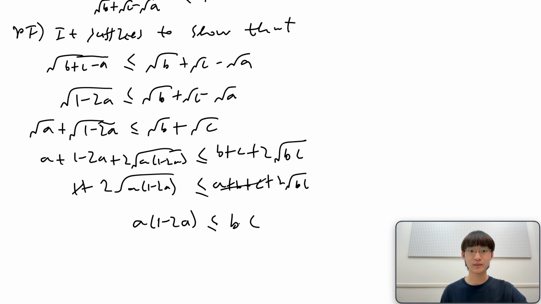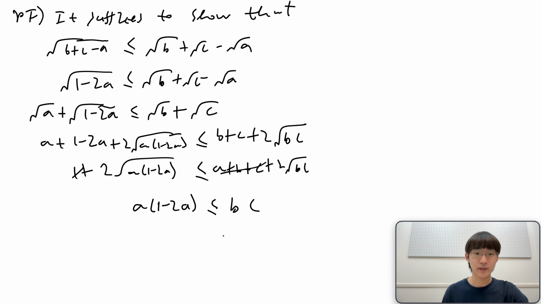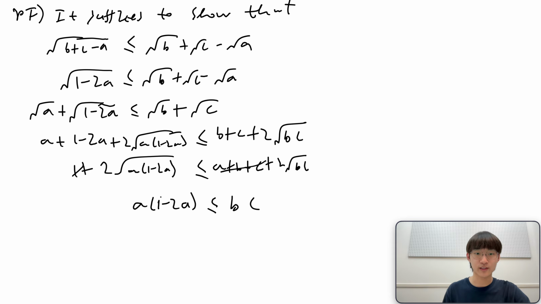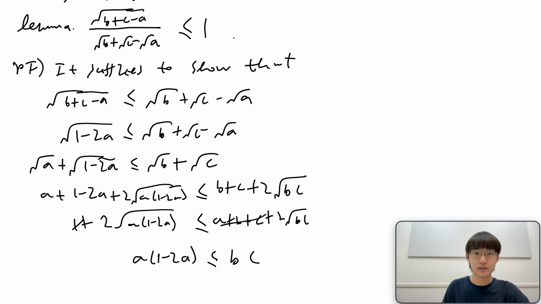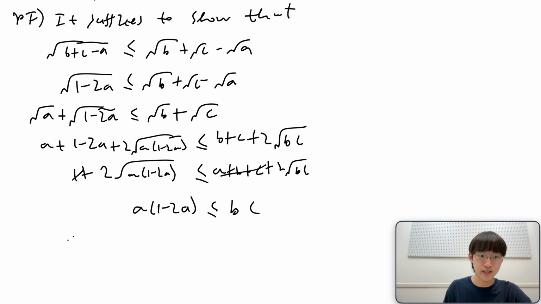Now this is actually pretty straightforward. I was like, oh, how should I continue? But the reason why this is quite straightforward is because we know 1 equals a plus b plus c. So substituting a plus b plus c, we get a plus b plus c minus 2a is b plus c minus a. And from here, we can just use the definition of bc.